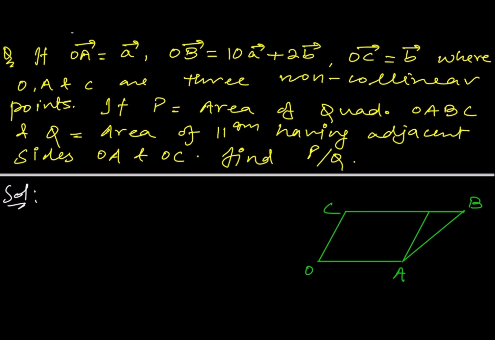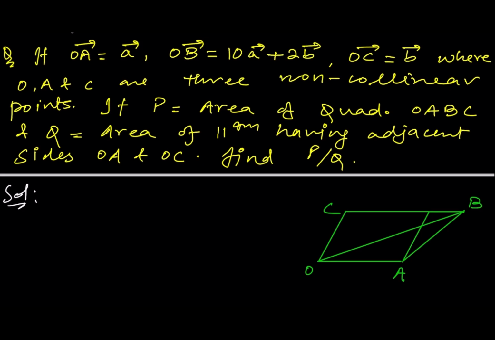Okay, now we know the area of a quadrilateral is half of the cross product of diagonals. So the diagonal is involved in the case of the area of a quadrilateral. So let us draw this diagonal OB, right?